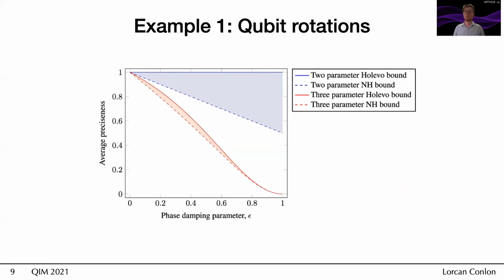For the 3-parameter case, we see that although separable measurements are inferior to collective measurements, the gap between the two is quite small. And this suggests that it may not be worth searching for the optimal collective measurement strategy, as the benefit from the potentially complex collective measurement required is not that large.